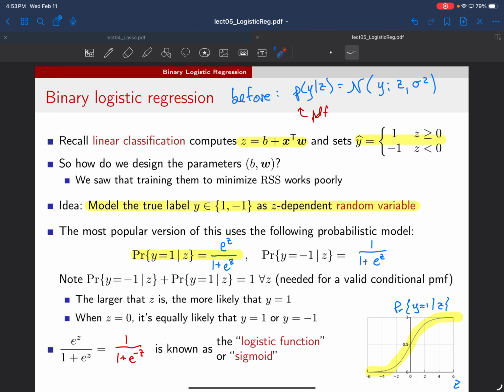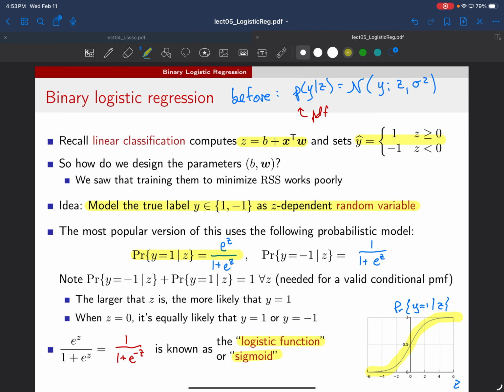If you write it this way, you can notice it has a lot of similarity to this, except that the sign of z is changed. And this curve is known as the logistic function or the sigmoidal curve. Okay, great. Any questions on this?